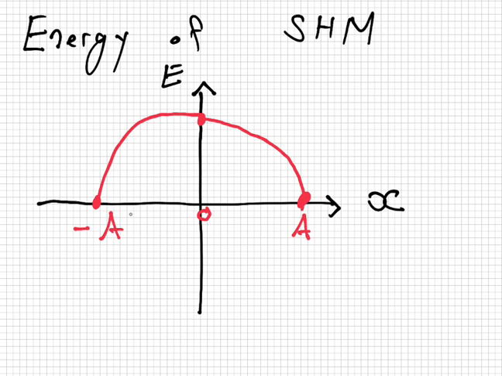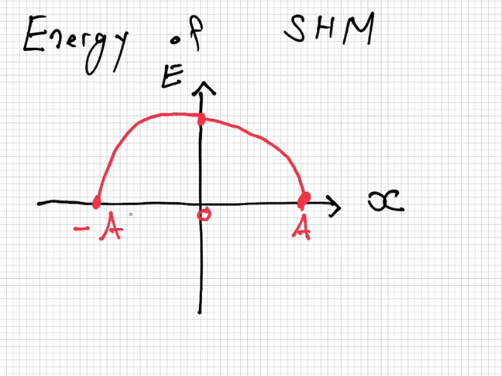Yeah, so actually you could think of the spring as on the x-axis. When the spring is pulled out to A, it has no kinetic, and then I release it, it flies back to the center, gains kinetic, and then passes the center, loses kinetic.